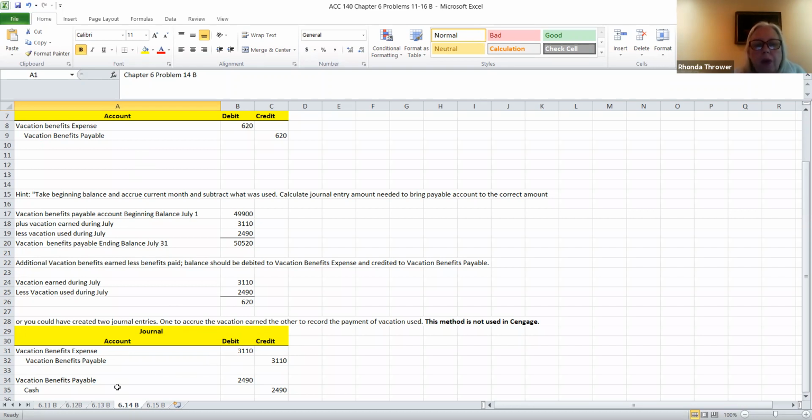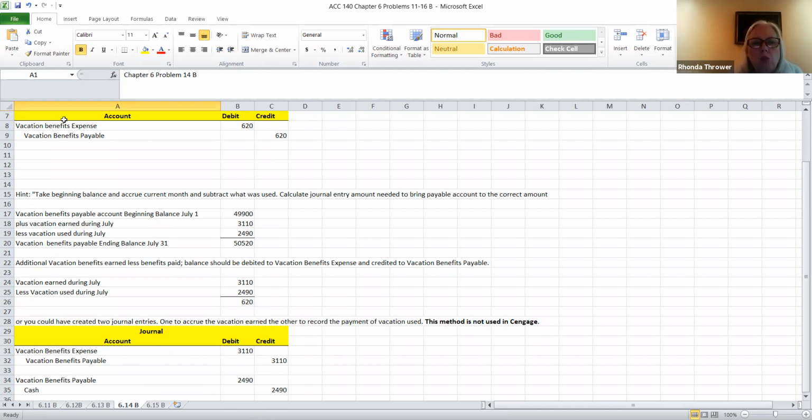They also paid out some of their vacation benefits during that period of time. So that would have reduced the vacation benefit payable account and would have also reduced our cash account once it was paid. This method was not used in Cengage, so they didn't want you to do this method, but I just wanted you to know that there's a different way that you could have handled this particular problem.